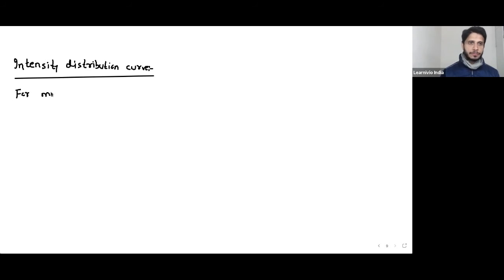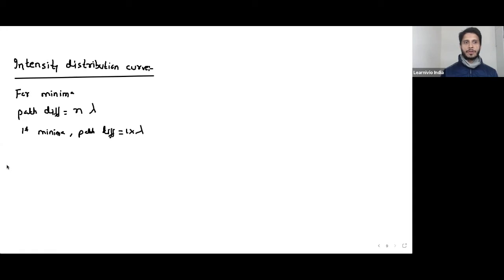For minima, the path difference is n lambda. For the first minima, put n equal to 1, the path difference is 1 into lambda.